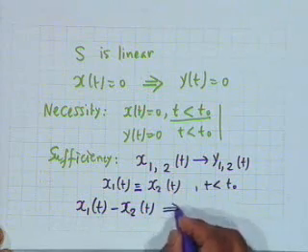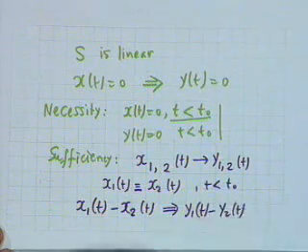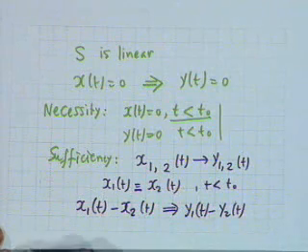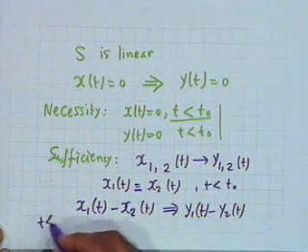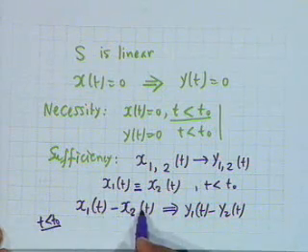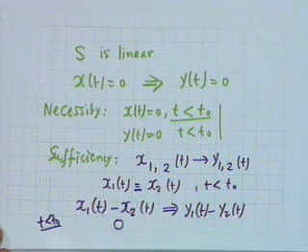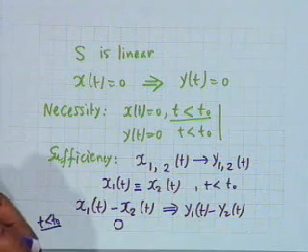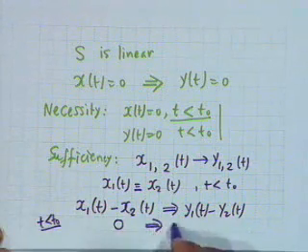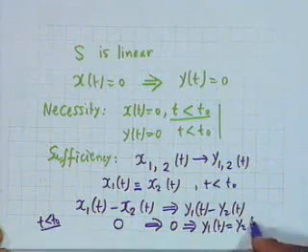Then since the system is linear, the output must be y1 of t minus y2 of t. Till t is equal to t0, x1 is identical to x2, and therefore we have applied a 0. So the output must be 0. There is no other way. The output must be 0, which implies that y1 of t is equal to y2 of t.